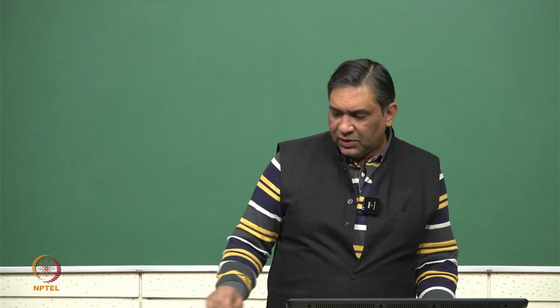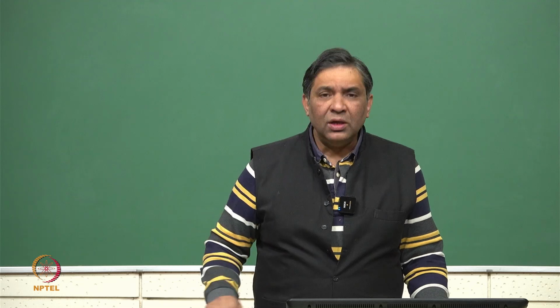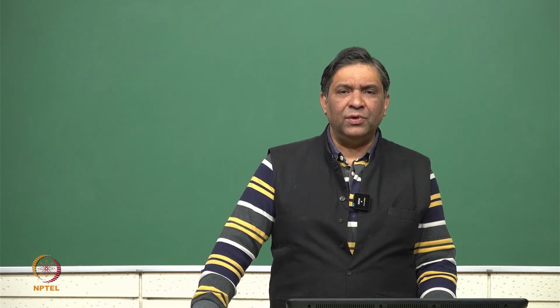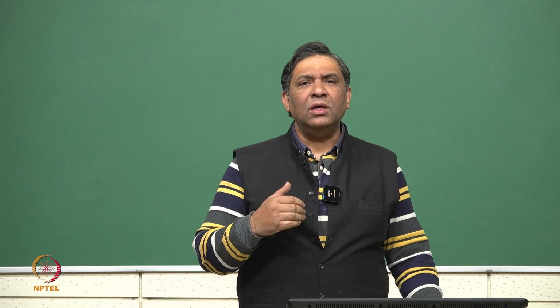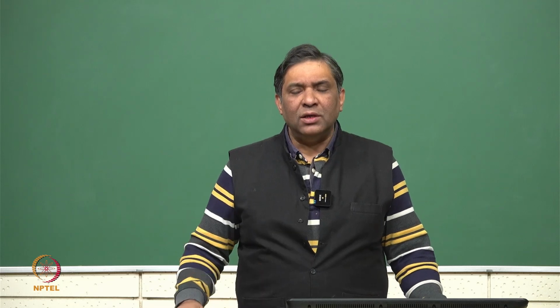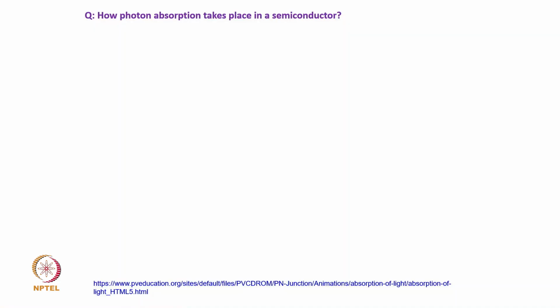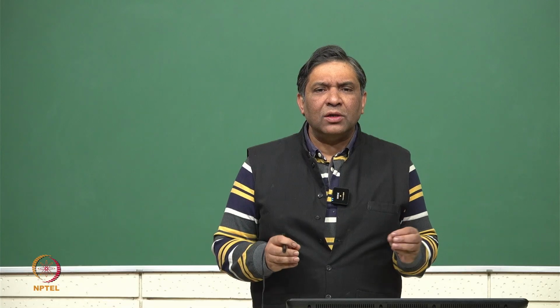So, let me go to the first part, that is the absorption of light in a material. The question comes, how does photon absorption take place in a semiconductor? We already had a discussion, but let us look at this question.